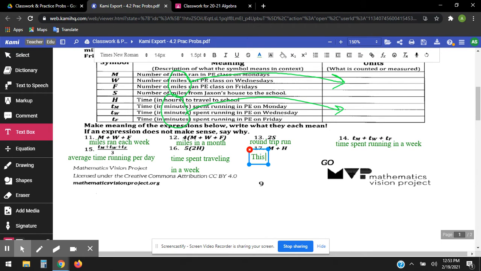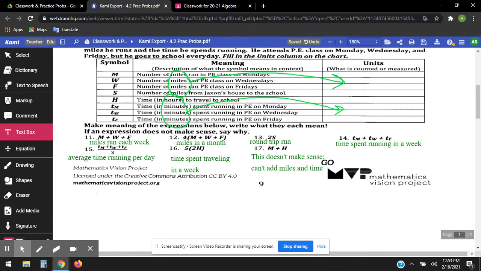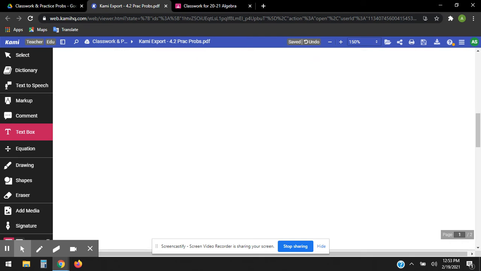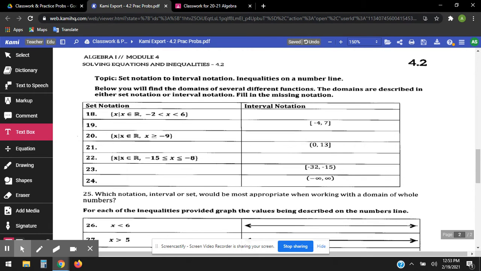So this doesn't make sense. You can't add miles and time and call it all time. It's not all time. So kind of like our x's and y's, you can't add x's to y's and call them all x's. It doesn't work.